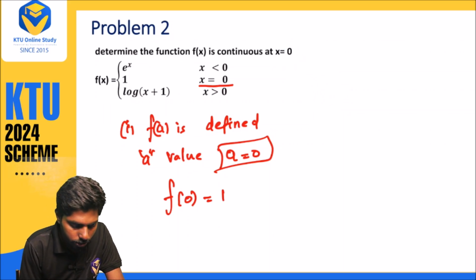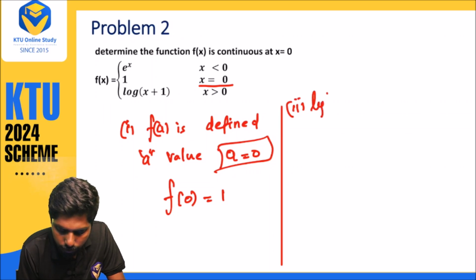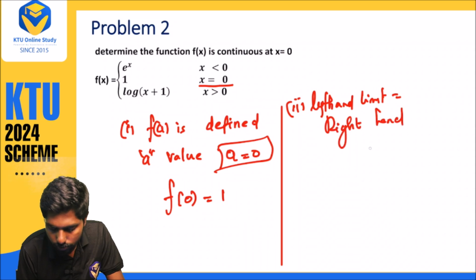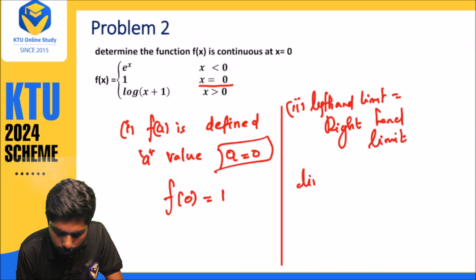Now what about the second condition? What is the second condition? The second condition is left hand limit is equal to right hand limit. So what is our left hand limit? That is nothing but the left side.